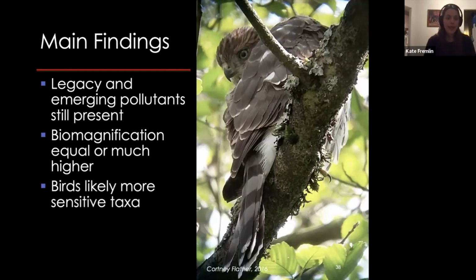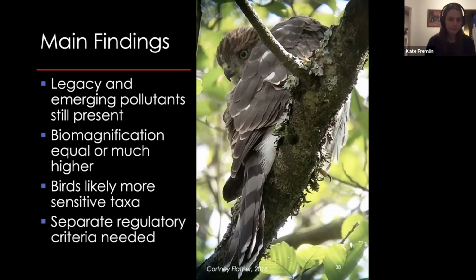And so this strongly indicates to us that birds are likely a more sensitive taxa compared to mammals, and are hence very good indicators of contamination and the health of your environment when we look at them.